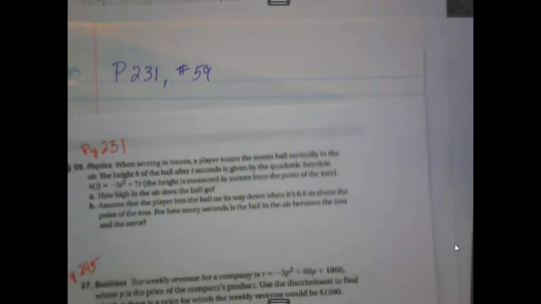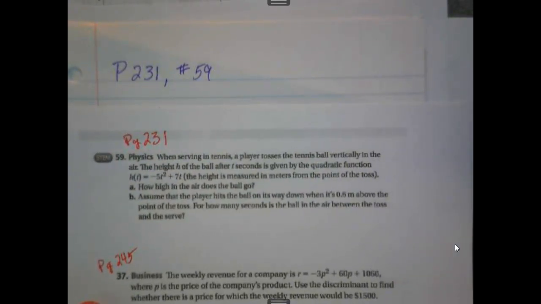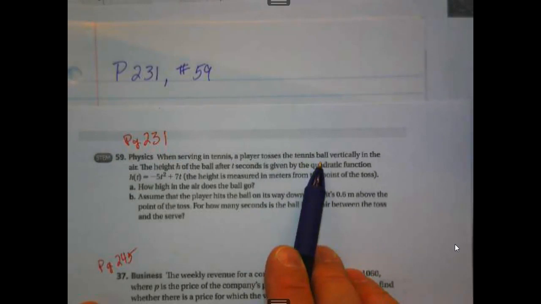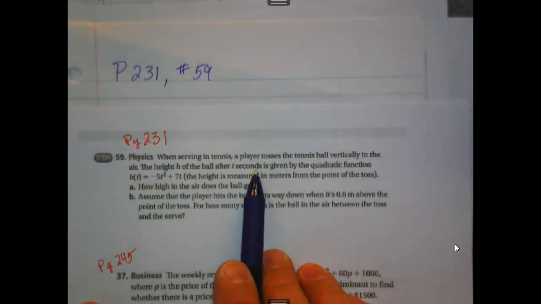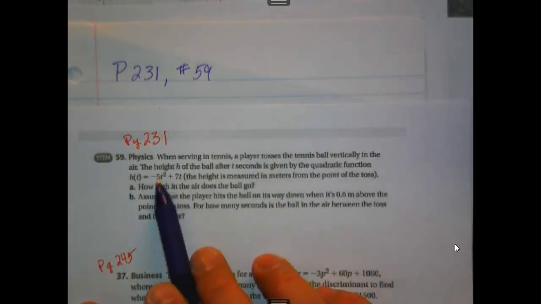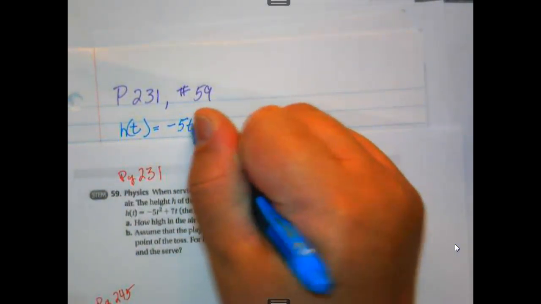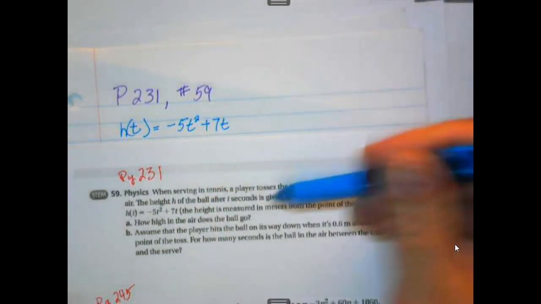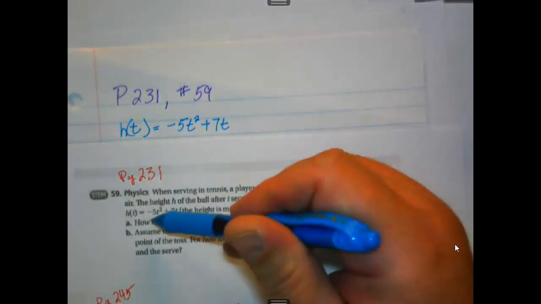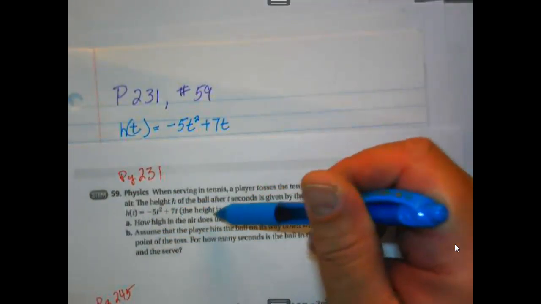When serving in tennis, a player tosses a tennis ball vertically in the air. The height h of the ball after t seconds is given by the quadratic function h of t equals negative 5t squared plus 7t meters. How high in the air does the ball go?